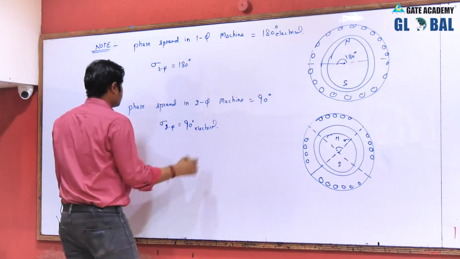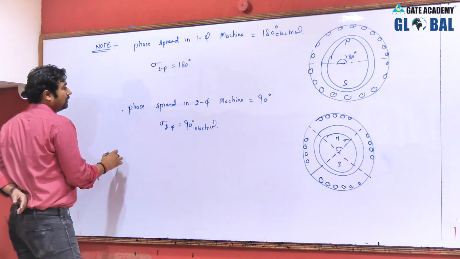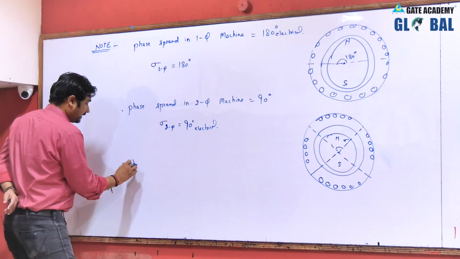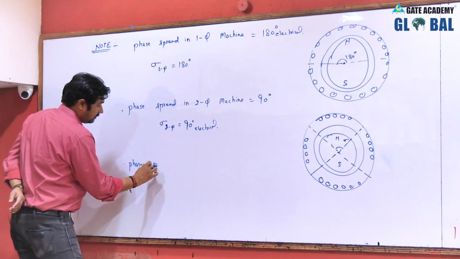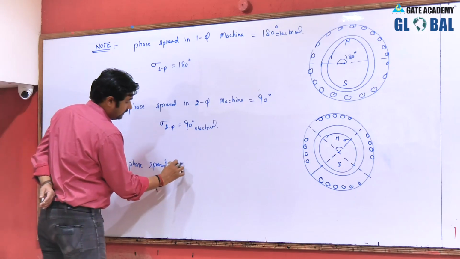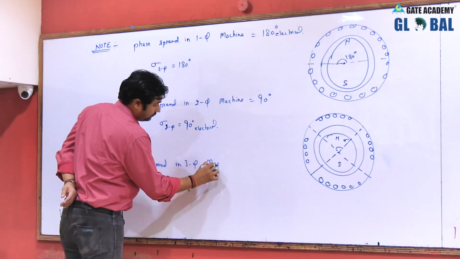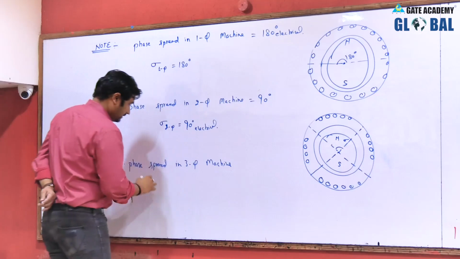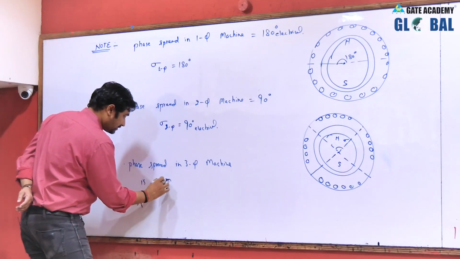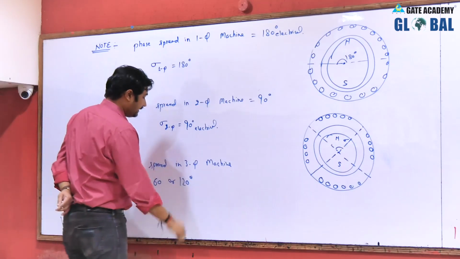And for a three phase machine, phase spread is 60 or 120 degree.